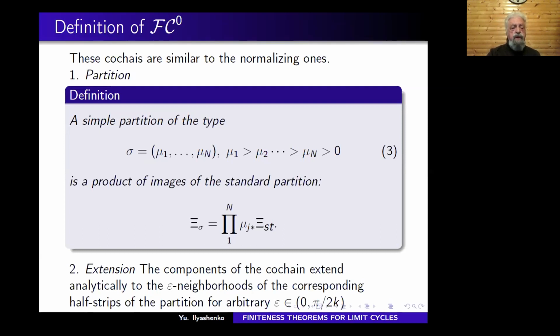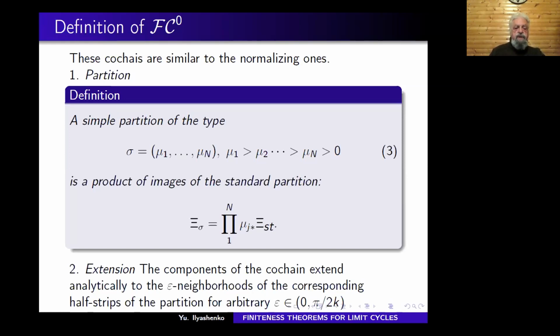First of all, when we define a class of cochains, we follow the same plan as for normalizing cochains. There are 5 points: partition with the domain where the map is defined, extension, how far the components of the cochain may be extended, growth, coboundary, and decomposition.